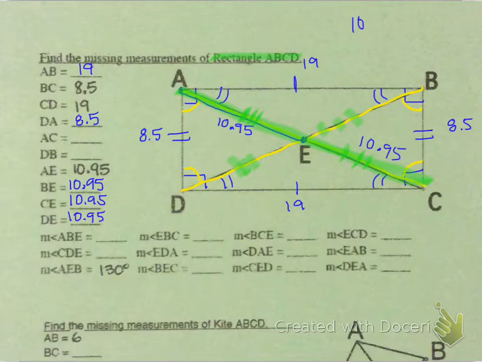So let's add 10.95 and 10.95 and see what we get. We get 21.90, or I could just say 21.9. Now, DB is the other diagonal, and the two diagonals are congruent, so it's going to be the same.